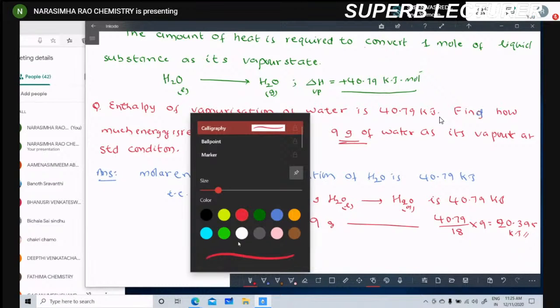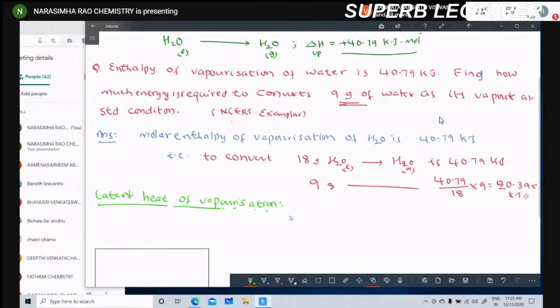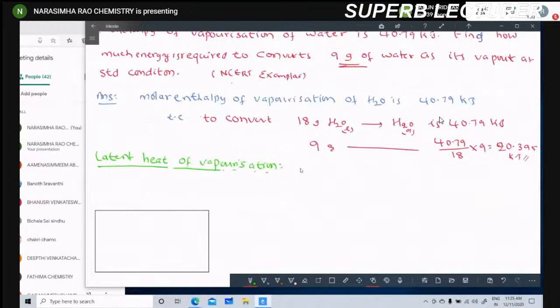Latent heat of vaporization. Let me discuss, children. What is the latent heat of vaporization? It's a particular definition for latent heat of vaporization.